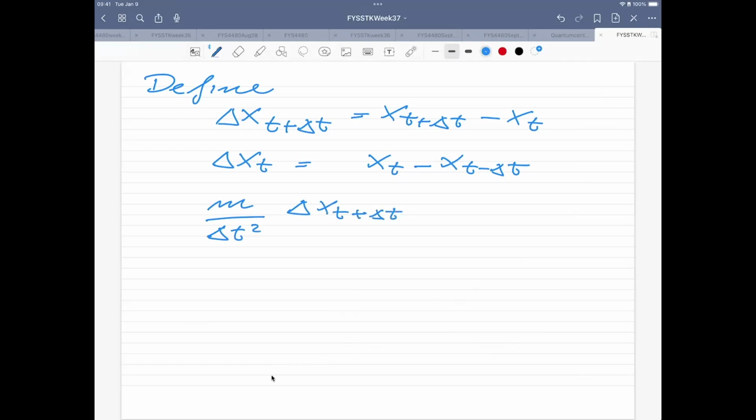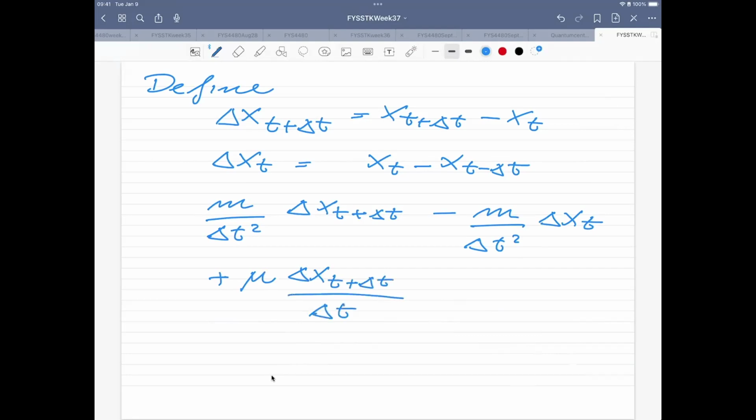I have another term which goes like minus m divided by delta t squared times delta x of t. And then I have plus mu times delta x of t plus delta t, divided by delta t. And this is equal to the force which is acting on the system.